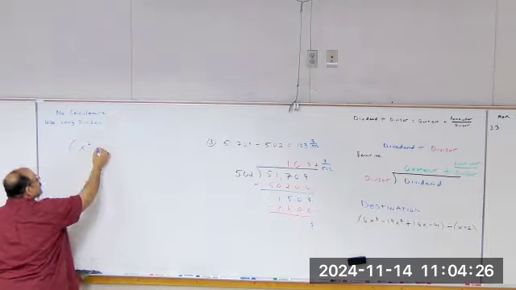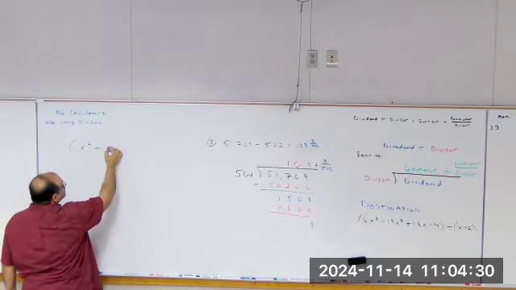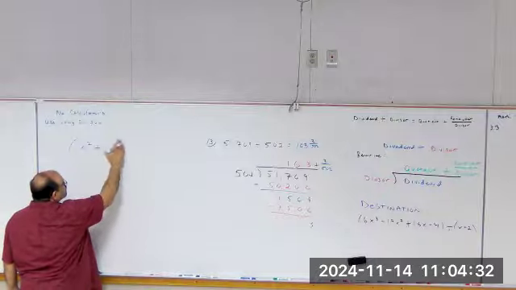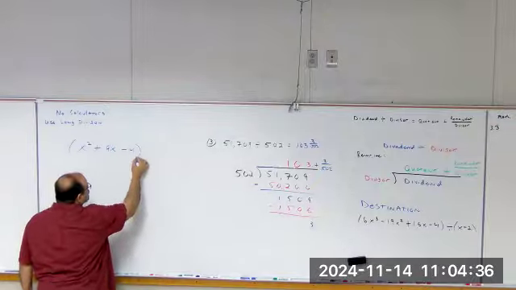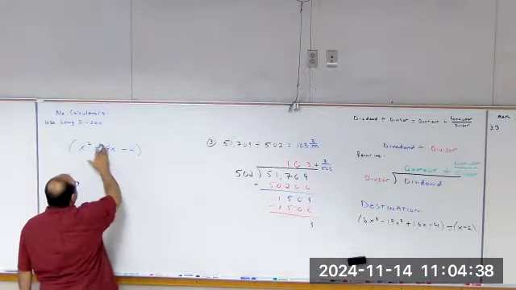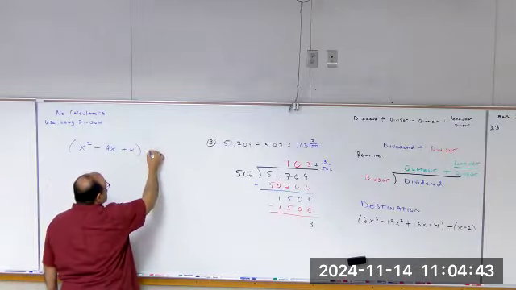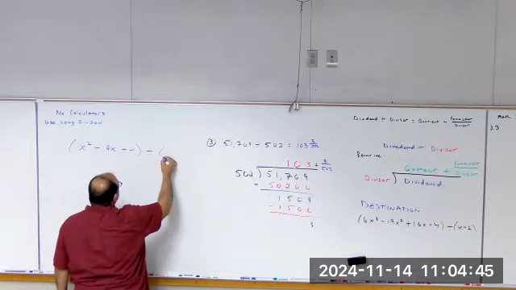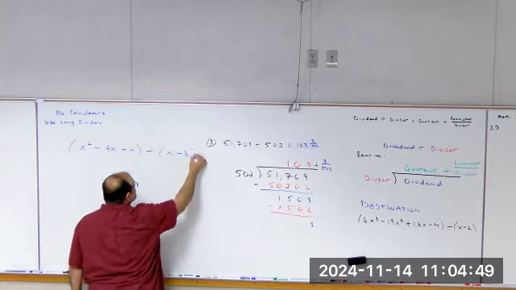X squared, let's go with plus 9x, minus 4. That's no, minus 9x plus 4. And we're going to divide by x minus 3.